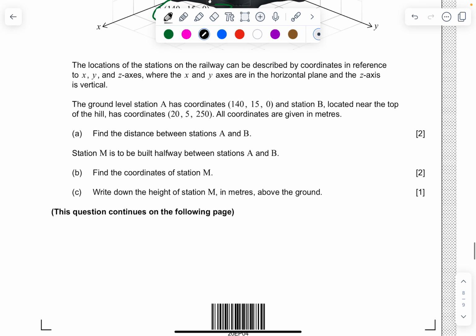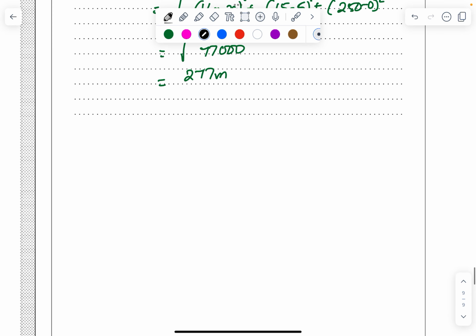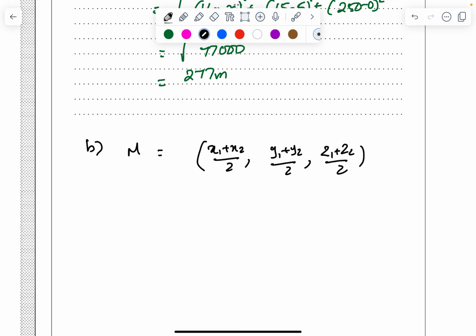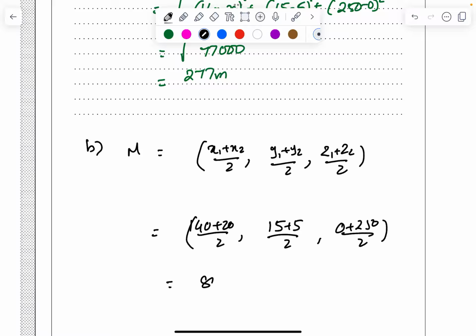Station M is built halfway between A and B. Find the coordinates of M and the height of M. M is the midpoint. So the midpoint formula is x1 plus x2 upon 2, comma y1 plus y2 upon 2, comma z1 plus z2 upon 2. So which is going to be 140 plus 20 upon 2, 15 plus 5 upon 2, 0 plus 250 upon 2, which is going to be 80, 10 and 125.